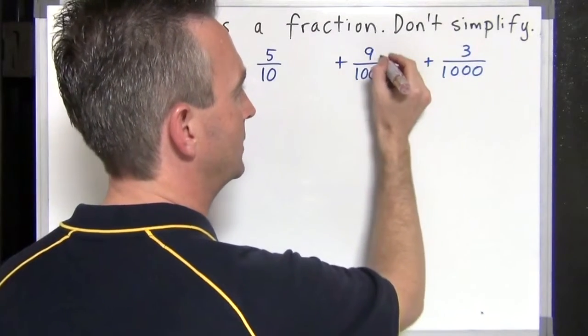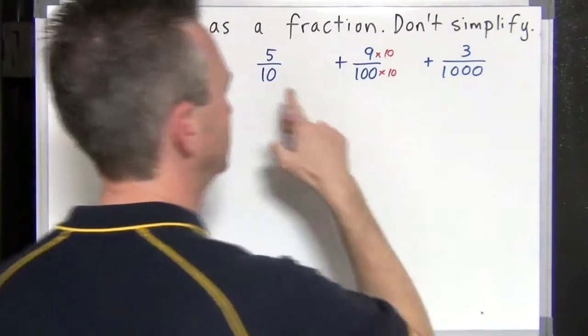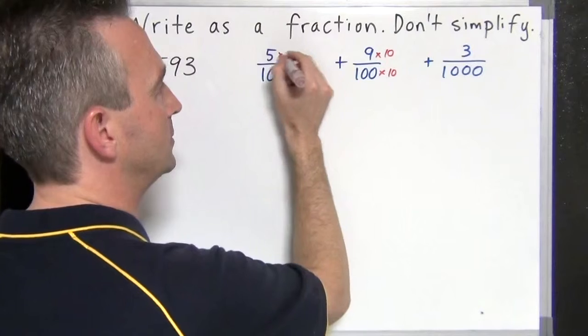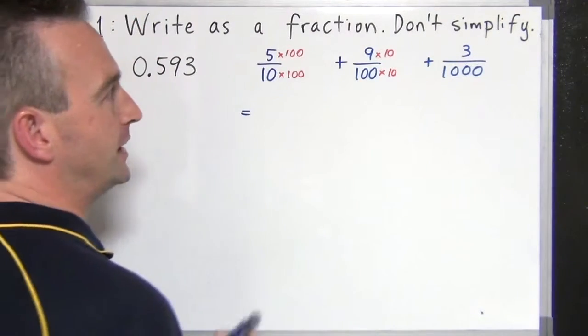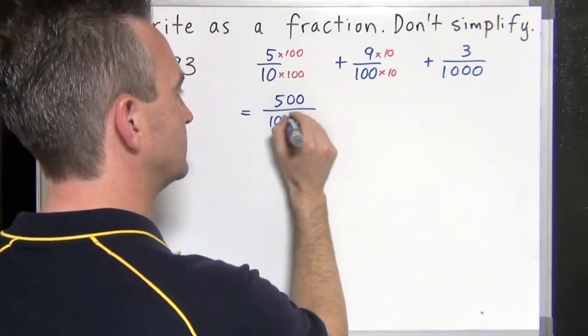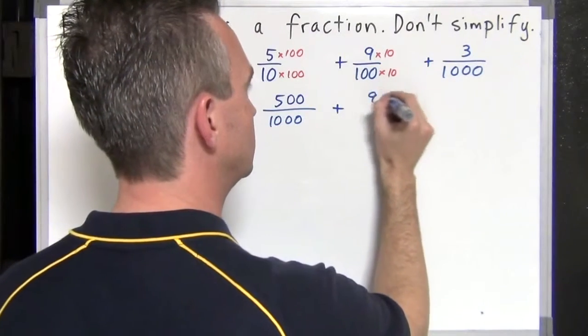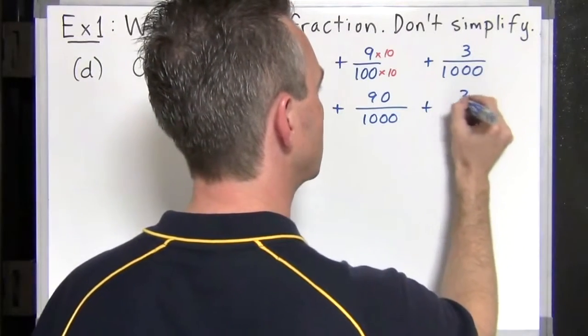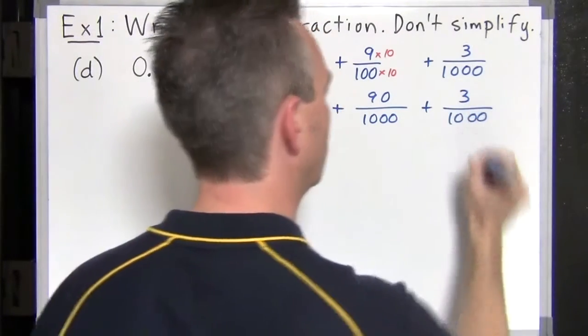Multiply by 10, but I've got to do it to the top and the bottom. How do I turn a 10 into 1,000? I've got to multiply it by 100, but I've got to do that to the top and the bottom, which becomes 500 over 1,000 plus 90 over 1,000 plus 3 over 1,000.